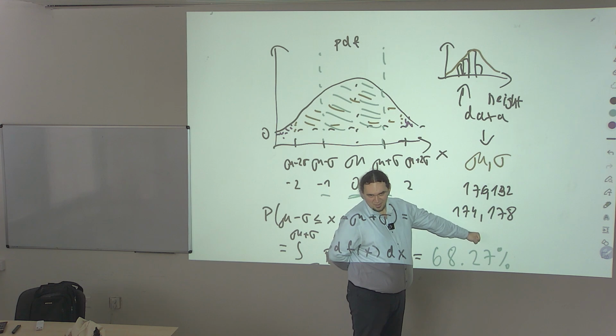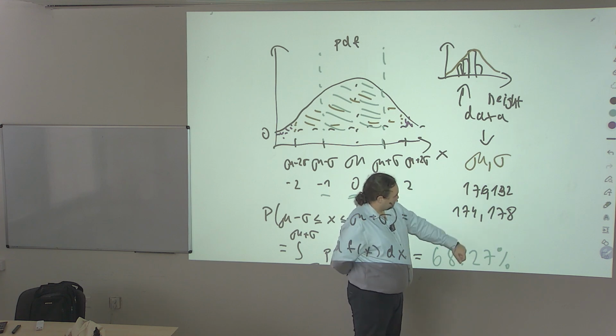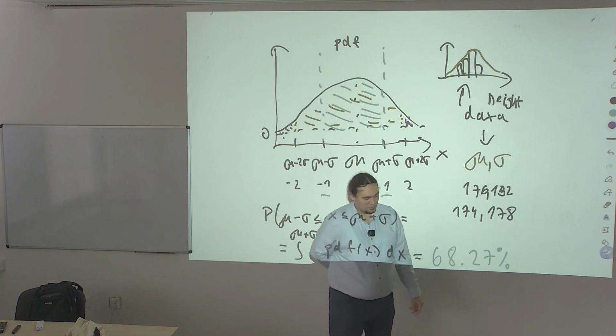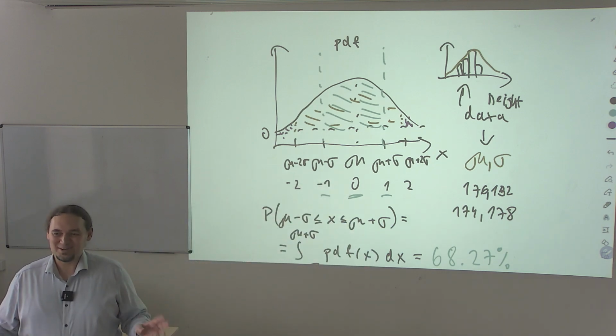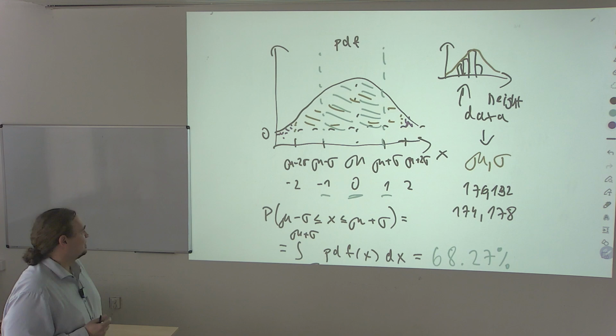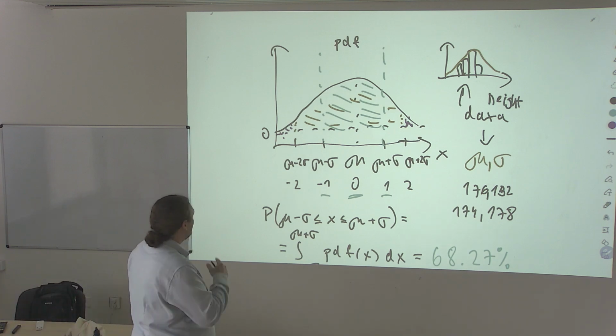So 95% of people, almost everybody, would be between 174 and 178. So probably the standard deviation would be something slightly higher.